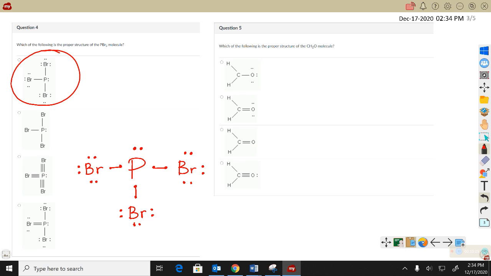Question 5. Again, something similar. If I were drawing this on paper, I might start by drawing my carbon. And he's got 4 valence electrons. Fantastic. Well, I've got 2 hydrogen. Okay, I'll just connect those. Single bond, link them up.